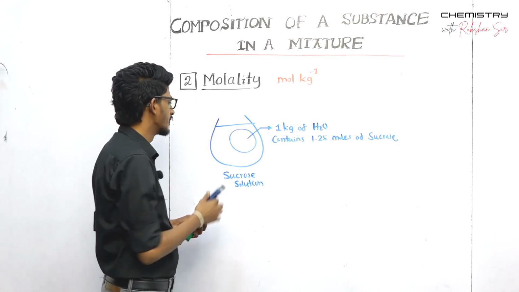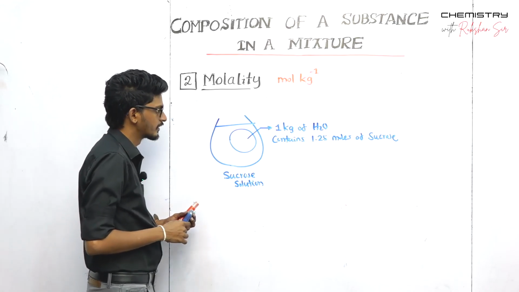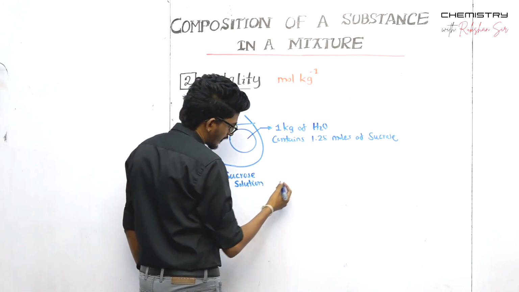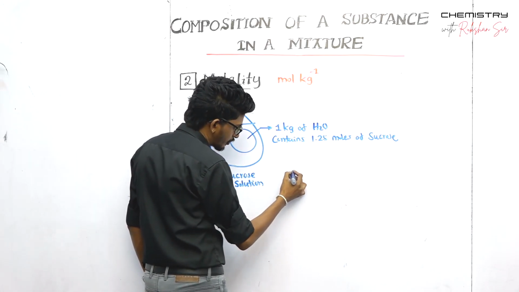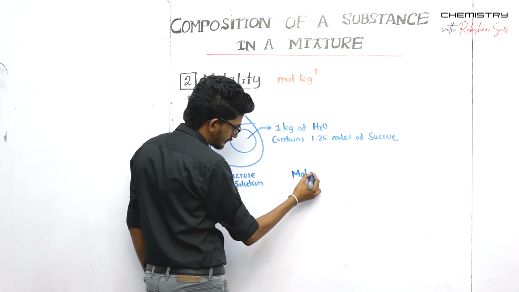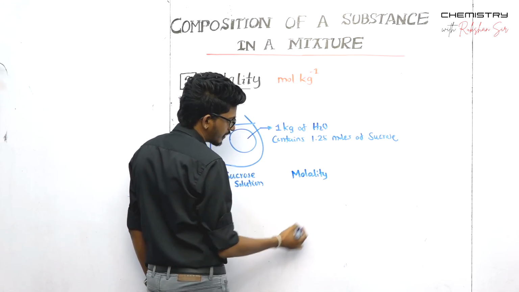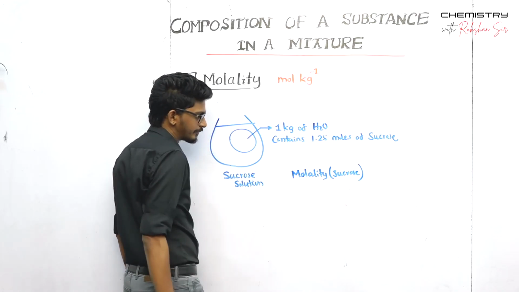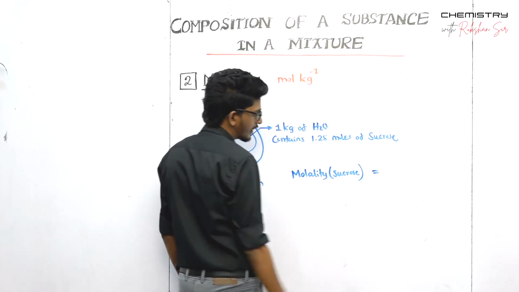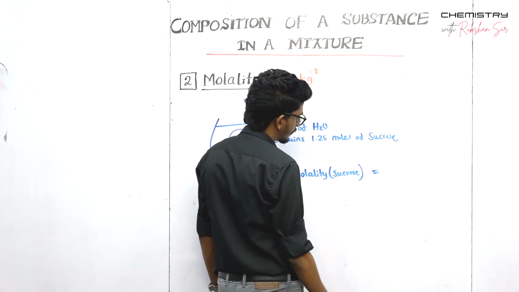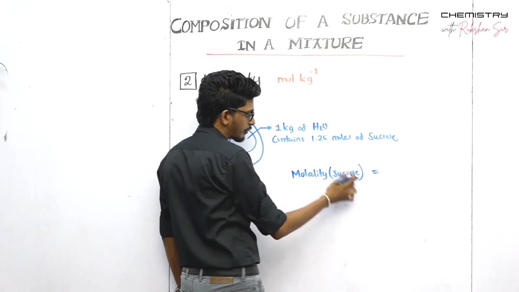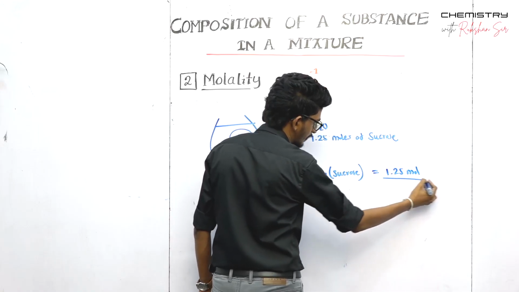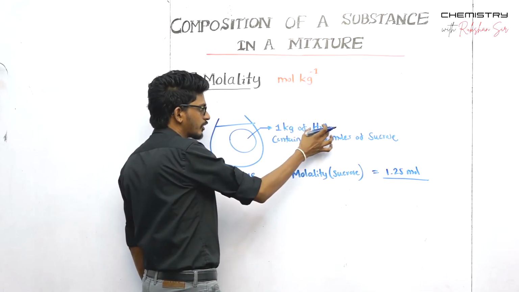Let's try to come up with the molality of sucrose here. Molality of sucrose is moles of sucrose, that is 1.25 moles, divided by kilograms of solvent.